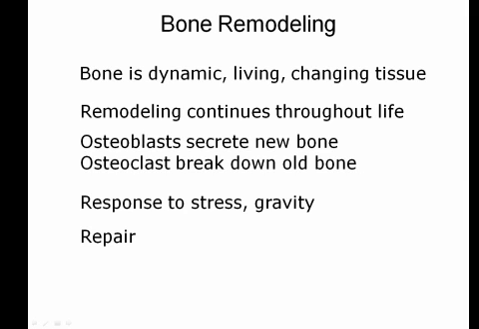This is also the process that occurs when we damage or break a bone. The osteoblast will secrete new bone around the break to fuse those pieces together. Then over time the osteoclast will break that down to reshape it. This is also very important in mineral homeostasis.